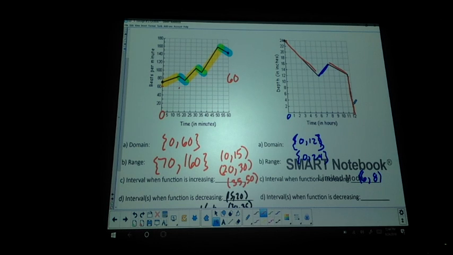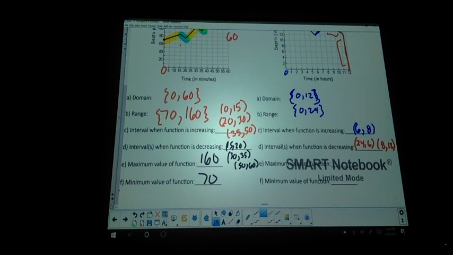Okay, so it's decreasing from 24 to 6. And it's still decreasing from 8 to 12. Though it doesn't change between increasing and decreasing on this final region from here to here and here to here.